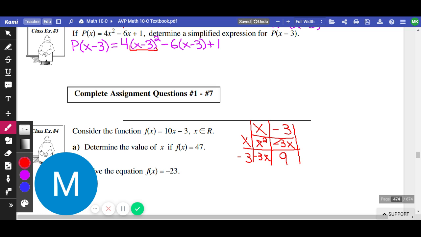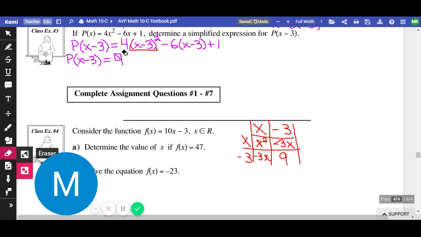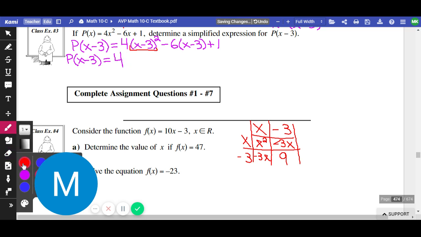So up here, that means I can expand this, wow, really not liking me right now, to be x squared minus 6x plus 9.